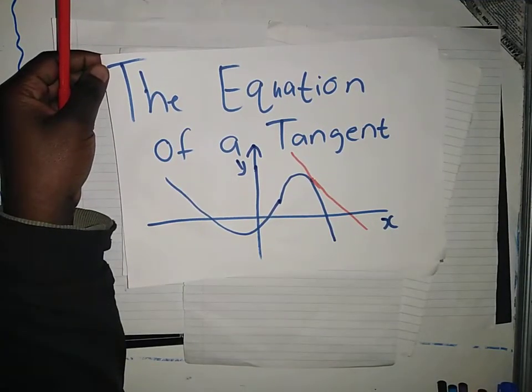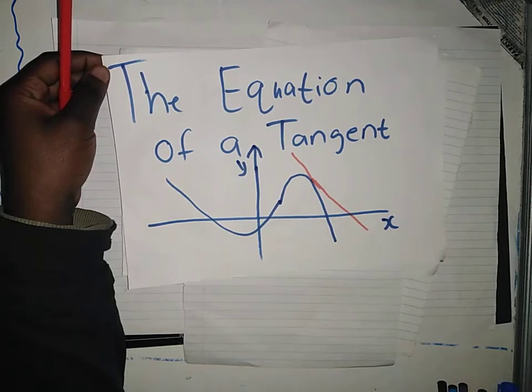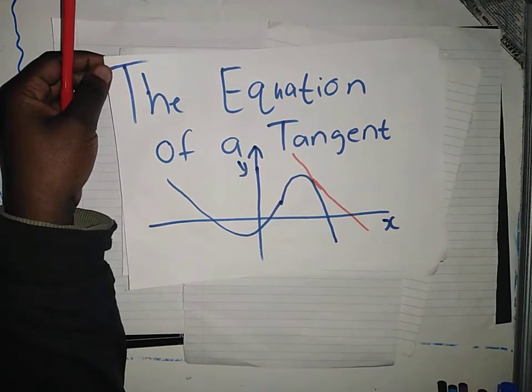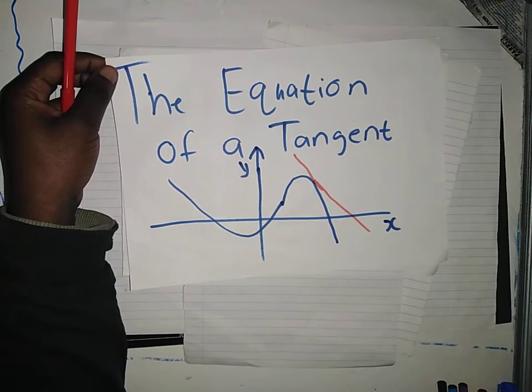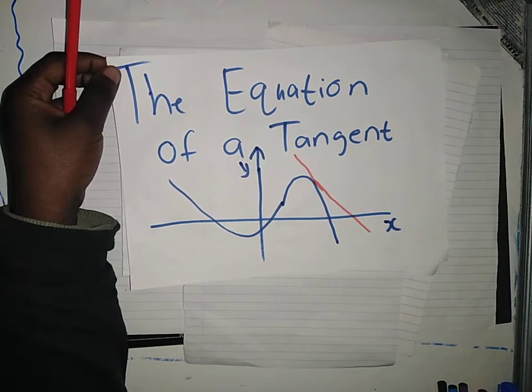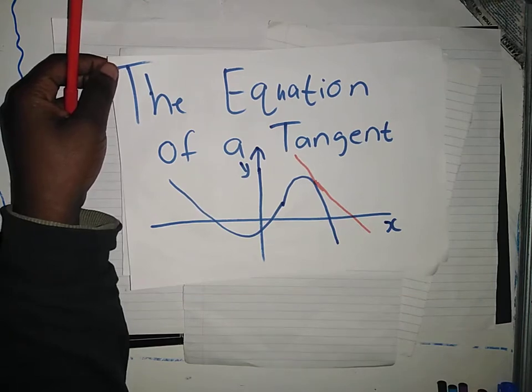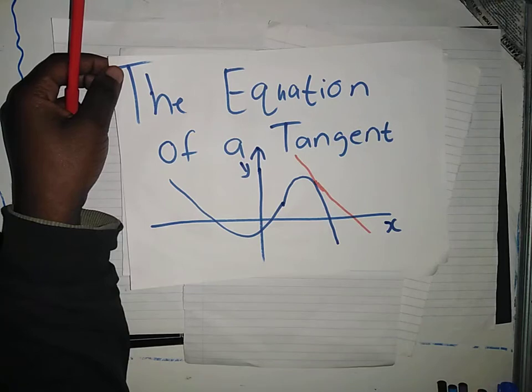Today we are going to be dealing with how to find the equation of a tangent to the curve. All right. Now, what is a tangent? Let's start there. A tangent is any line that touches the curve or the graph at one point.